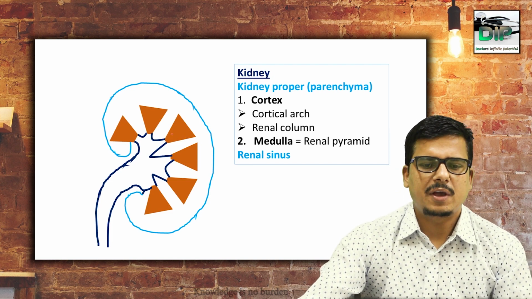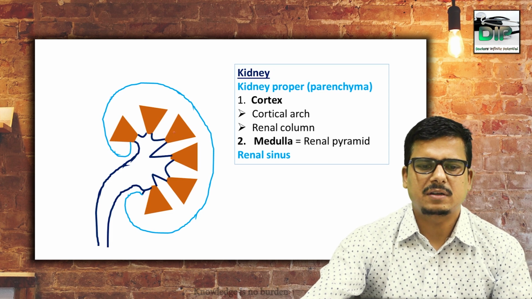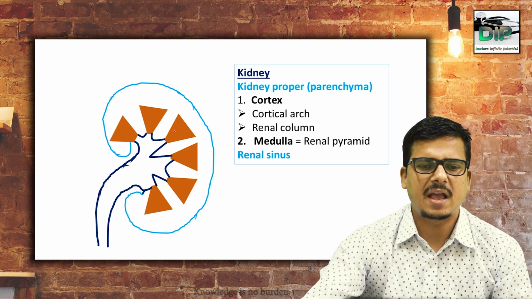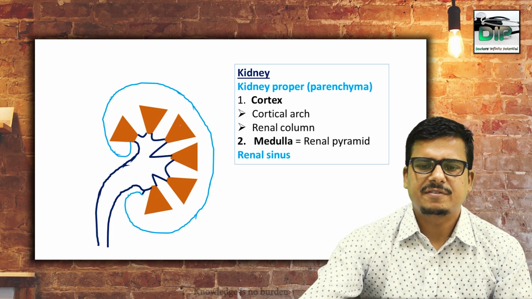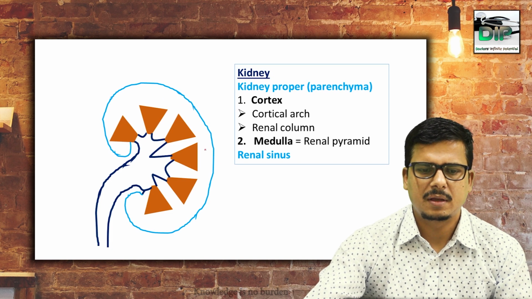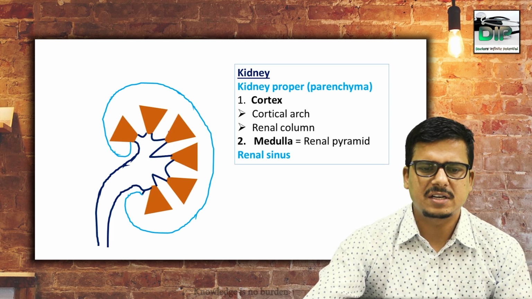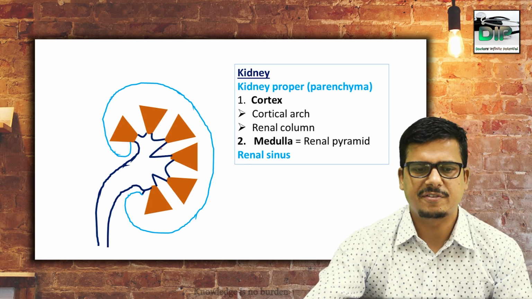So first of all, we are going to see the kidney, and this is the macroscopic diagram of the kidney. The kidney consists of the kidney proper, or kidney parenchyma, and the renal sinus. Kidney parenchyma is the region of the kidney which has the different components of the nephrons. We are going to discuss the nephrons later.